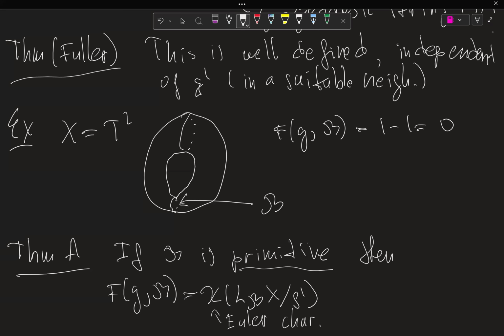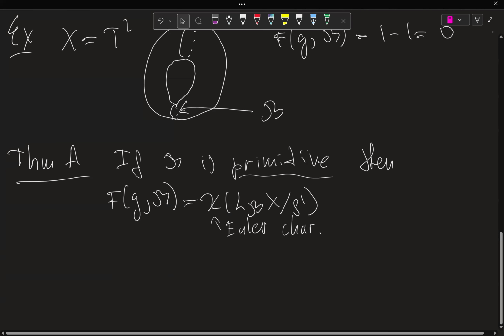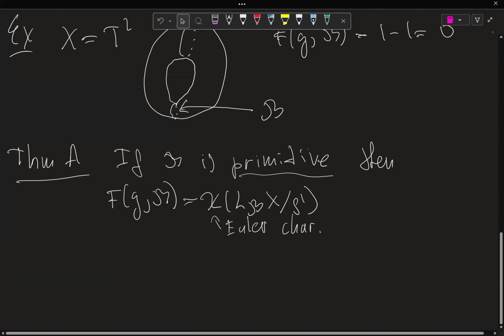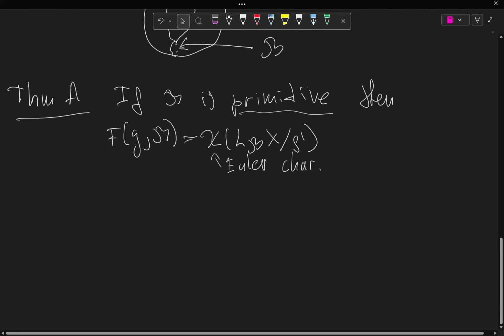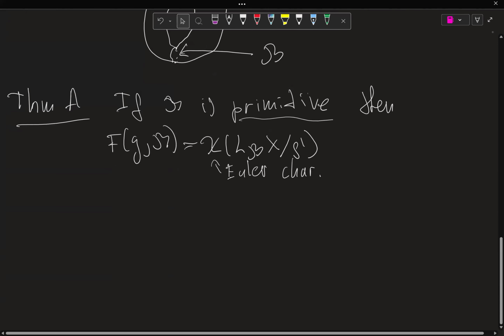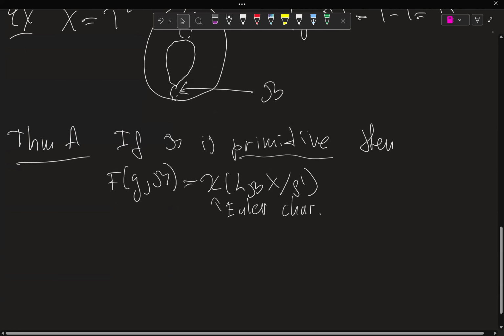In general, you can get any rational number for this invariant. I say invariant, so far it's just a number, but the idea is that it is in fact some kind of invariant.